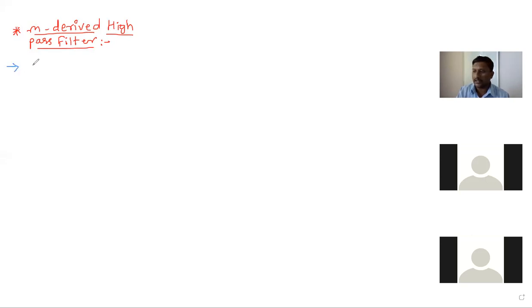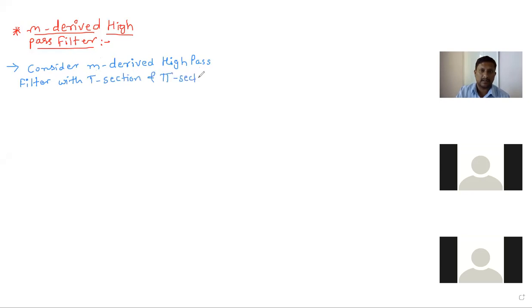Consider the M-derived high-pass filter with T section and pi section, as shown in figures A and B respectively.